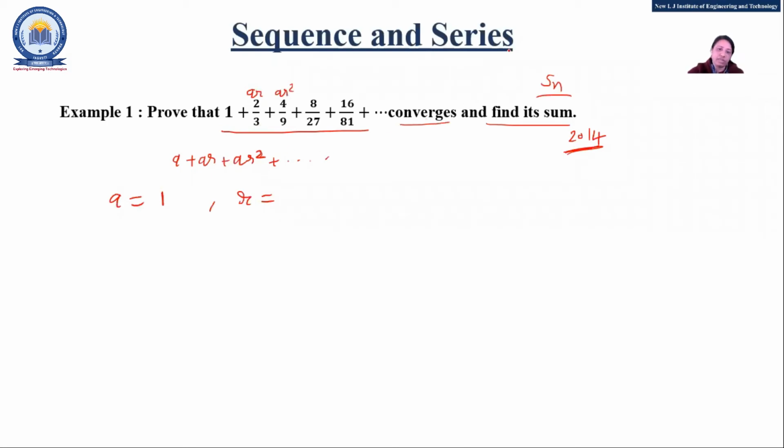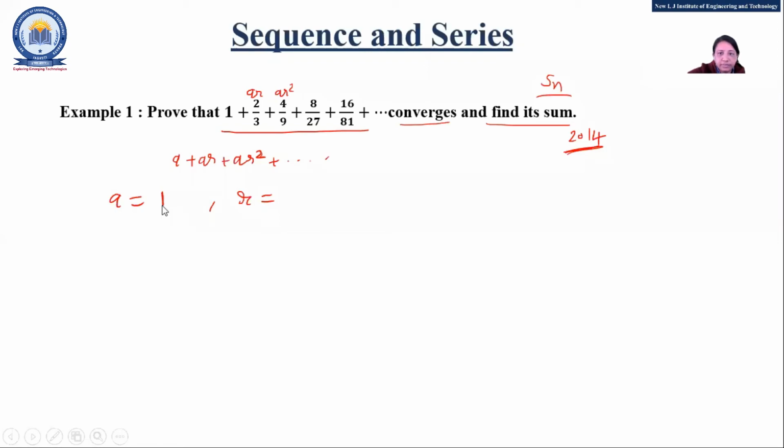You can write into the chat box meanwhile. A equals 1, that is easy. Now what should be R? Some are writing 1 by 3, some are writing 2 by 3. Just write into the chat box. I'll unmute any one student and ask how it comes, either 1 by 3 or 2 by 3.